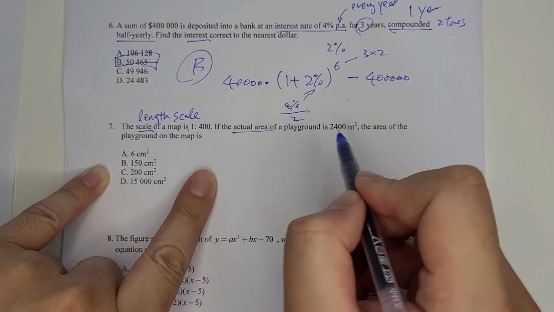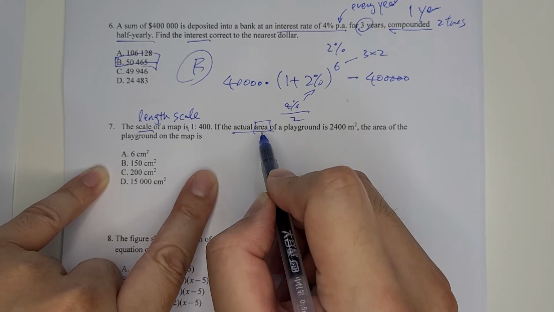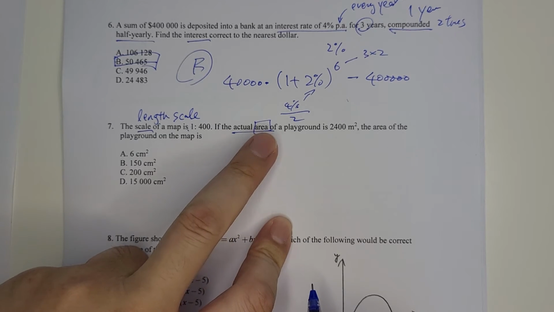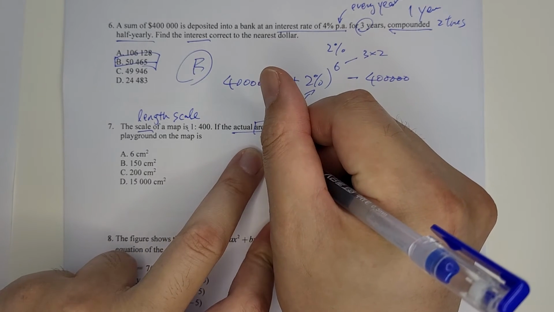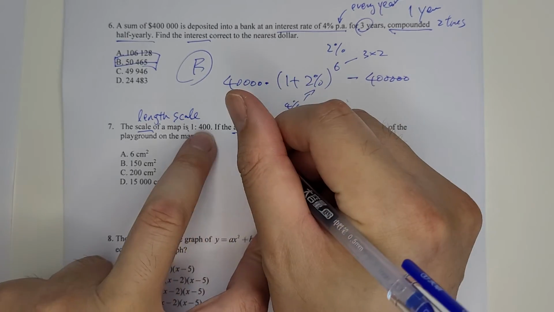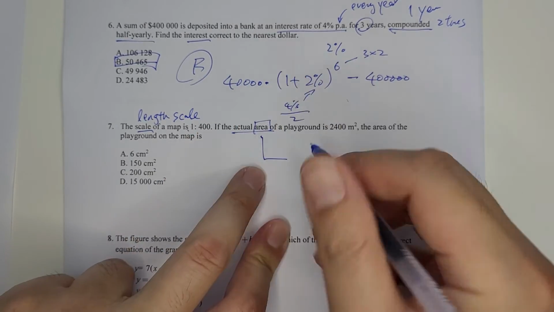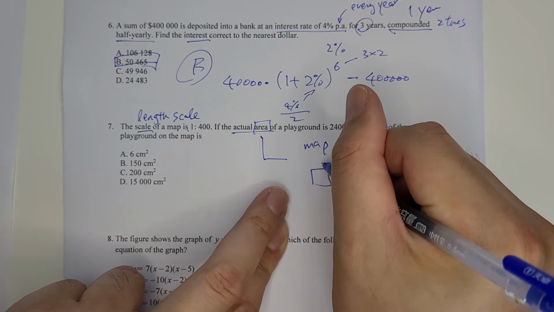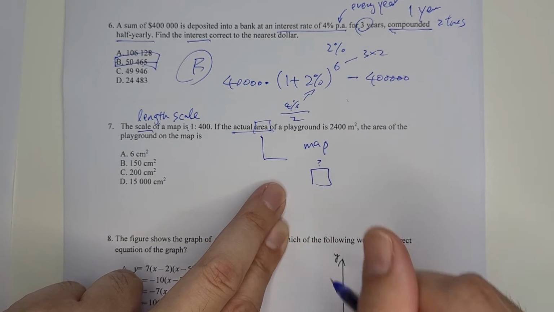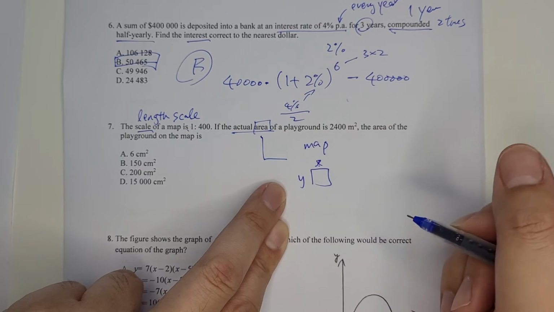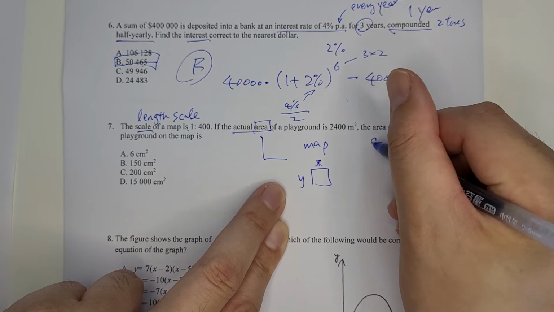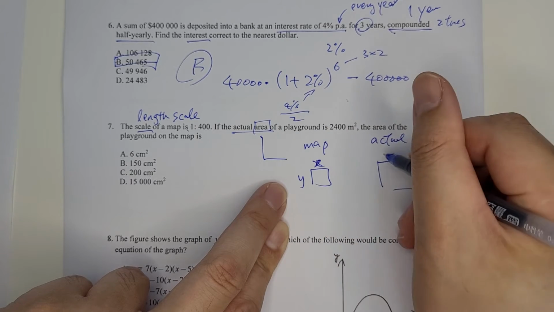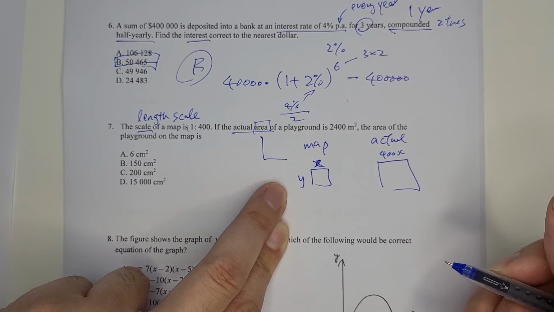But the question now gives you the actual area. Pay attention. How do we think in this way? Not just the length multiplied by 400, but the width also multiplied by 400. That's the situation on a map. You don't know the length, you don't know the width, but now we go to the actual one. The length on the map, you need to multiply by 400.